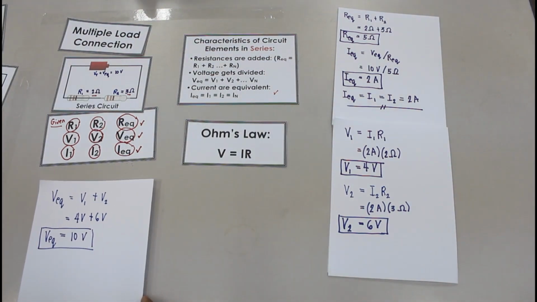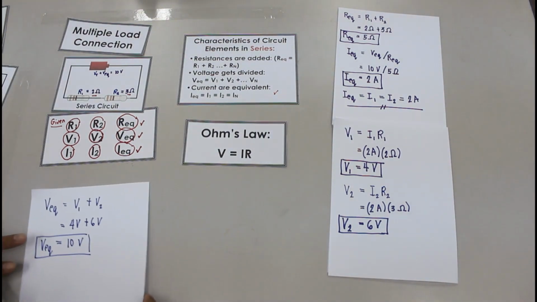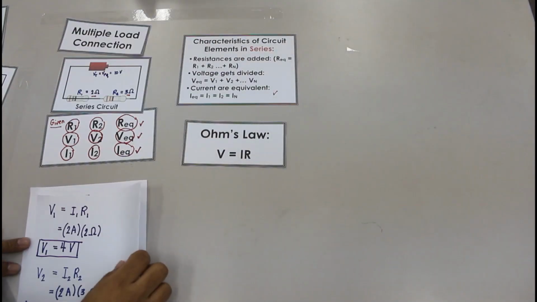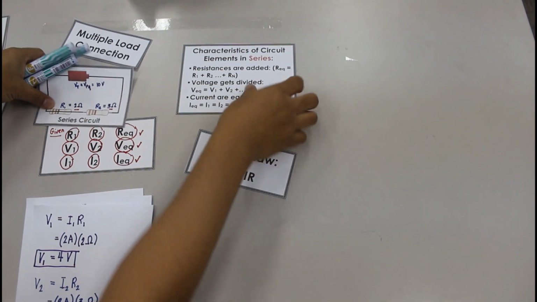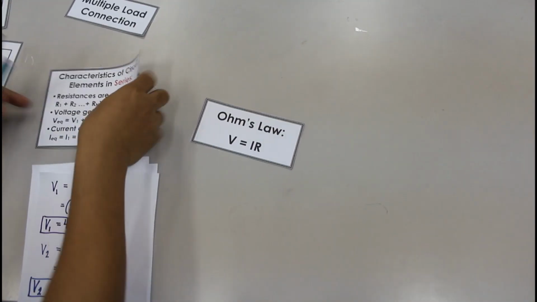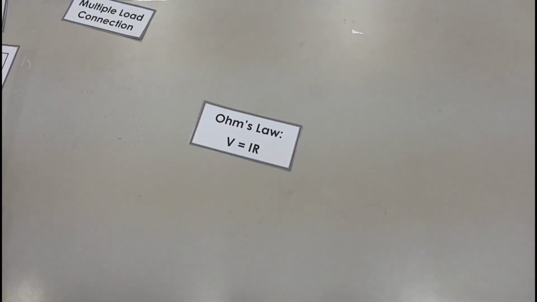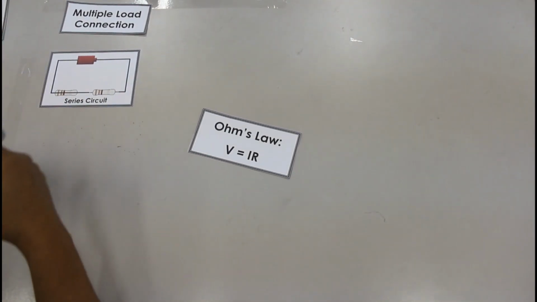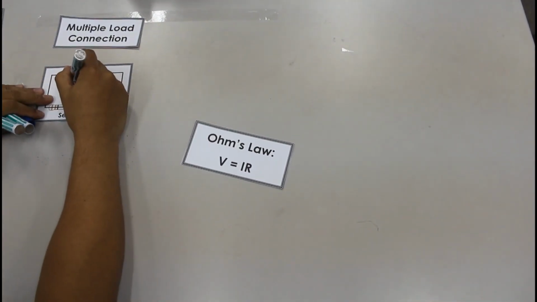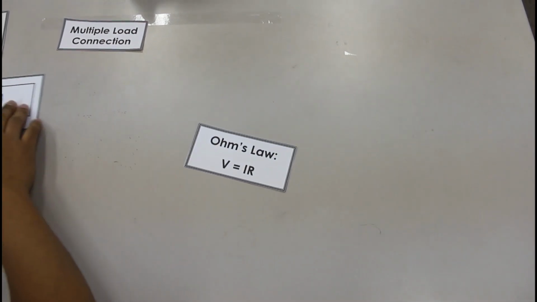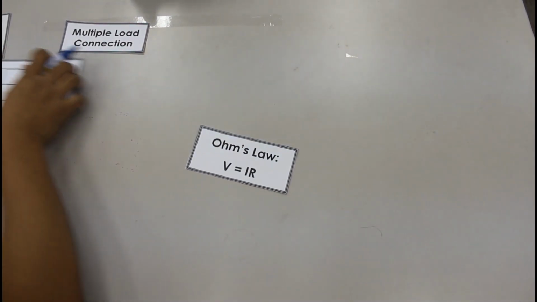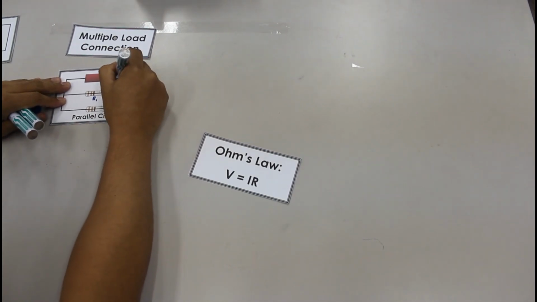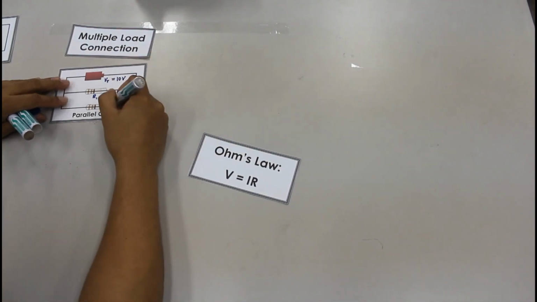The second example that we can consider is for parallel circuit. So for parallel circuit, we can use the same example values. The values of which are, again, this one. Voltage total is equivalent to 10 volts.